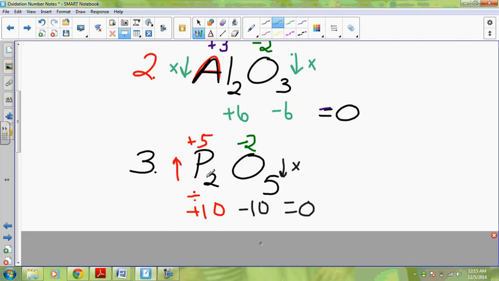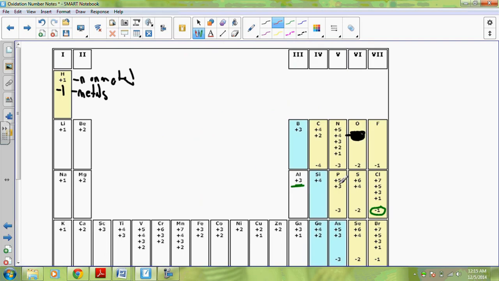And that's what our math says. So it says that phosphorus, when combined with oxygen, every single phosphorus will give up 5 electrons, and every single oxygen will take 2 electrons. And let's make sure that +5 is an option for phosphorus. Oh, it is. We did it right. Fantastic.